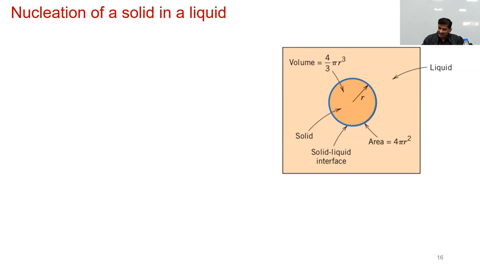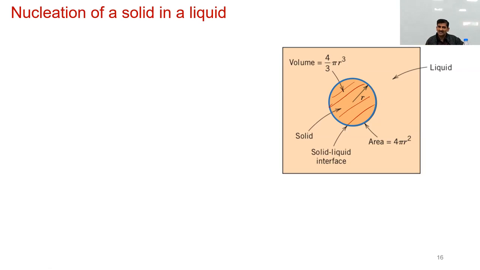So let us see what actually happens when such a cluster forms inside a liquid. Here we have a liquid, and inside that we have a spherical cluster as shown by this blue circle. What's actually happening is that this area was once a liquid and is now replaced by a solid crystalline cluster.